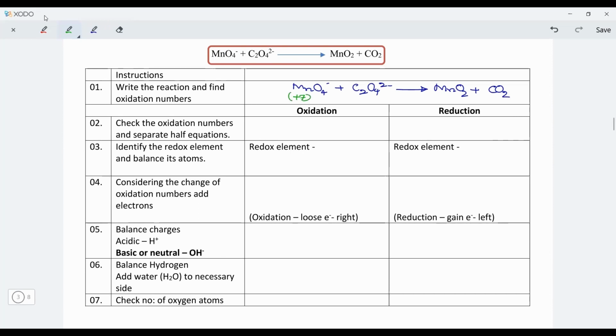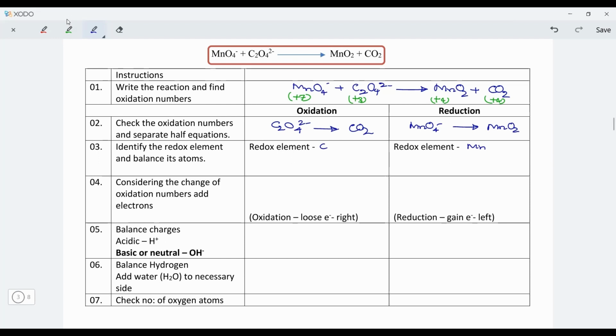Here if you consider one carbon atom, it will be plus 3, plus 4, and plus 4. Then oxidation half will be C2O4 2 minus goes to CO2, and your redox element is carbon. Reduction half will be MnO4 minus reducing to MnO2, and your redox element is manganese.